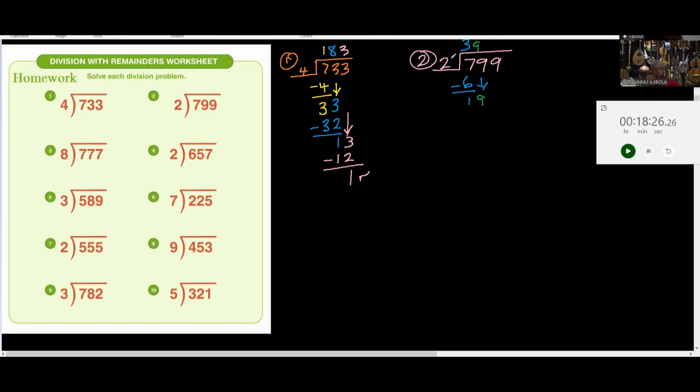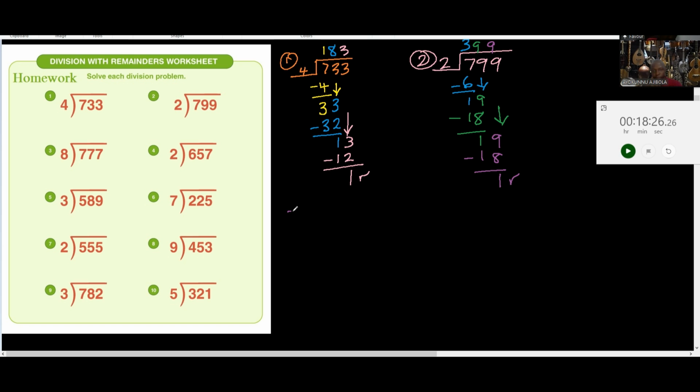It's 9. 9 times 2, 18, you subtract, you have 1. Then you bring down that other 9. 2 in 19 is another 9. 9 times 2, that's 18. Then you subtract, you have remainder 1. So you can see this is different from what you submitted. Okay?